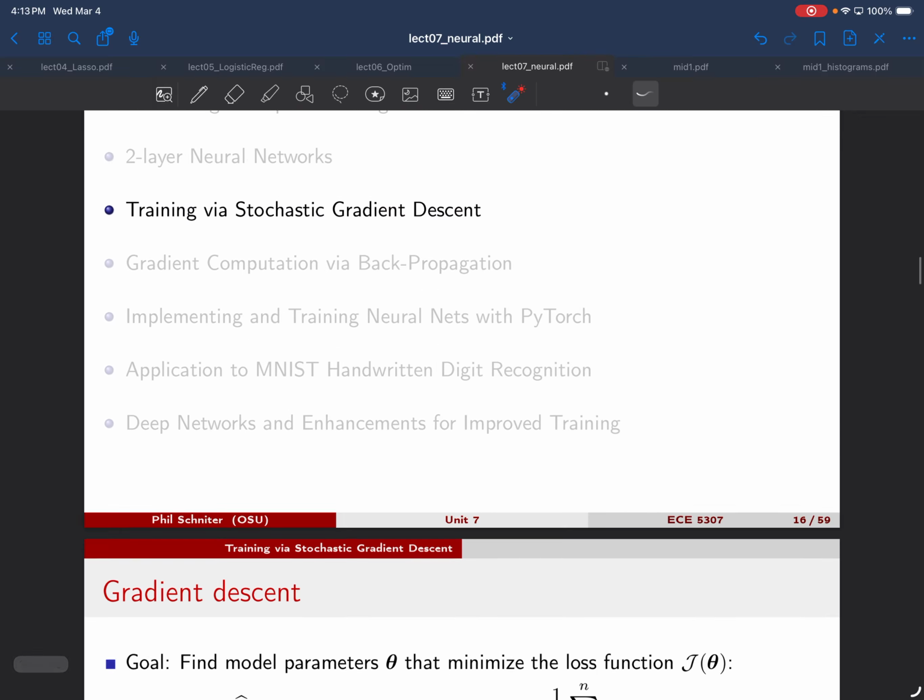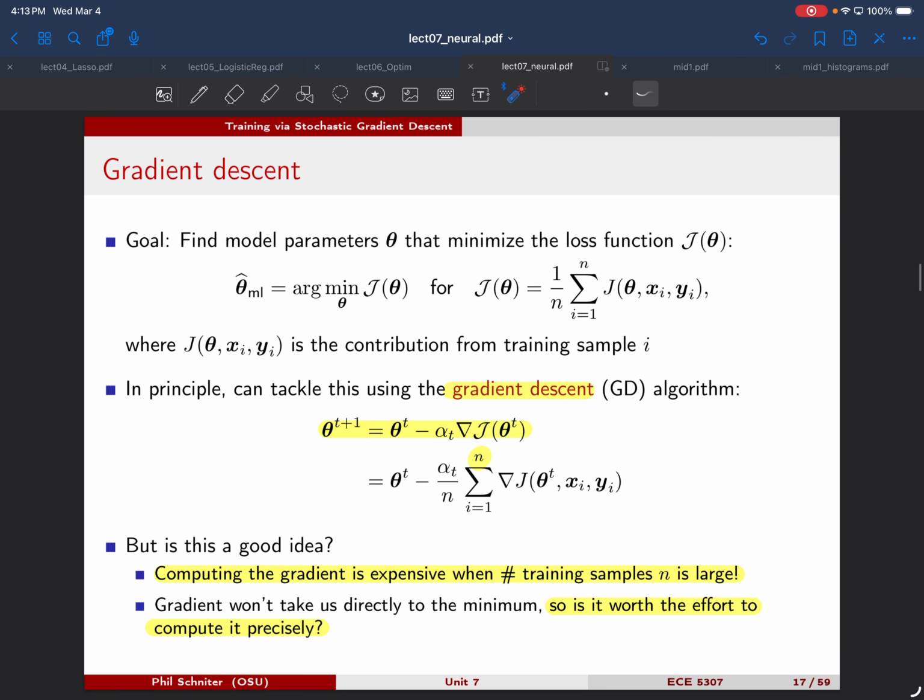Okay, and then we talked a bit about gradient descent. And we remarked that for a lot of these neural network applications, you have very large training sets. So when you form the cost or loss function, it is the average of many per-element costs or losses.